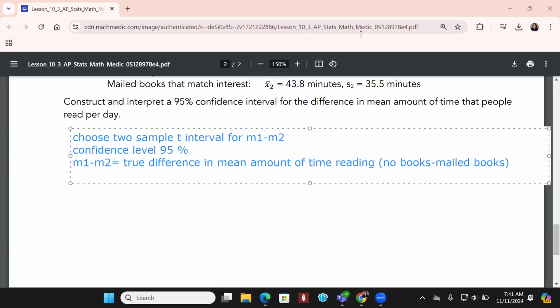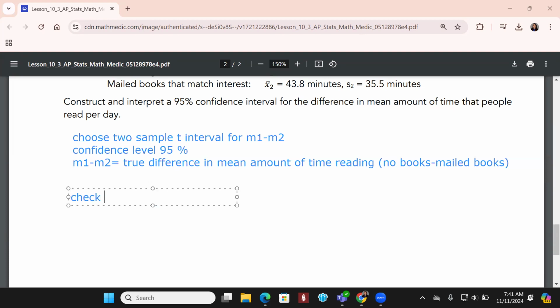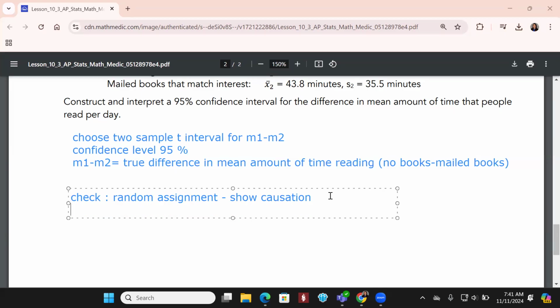Okay, so for check, we're going to do random assignment. This is so we can show causation. A little different from what we've seen in the past, but not really. We could still generalize it to the population, but we're showing that it's causation because it's not all people in the world.